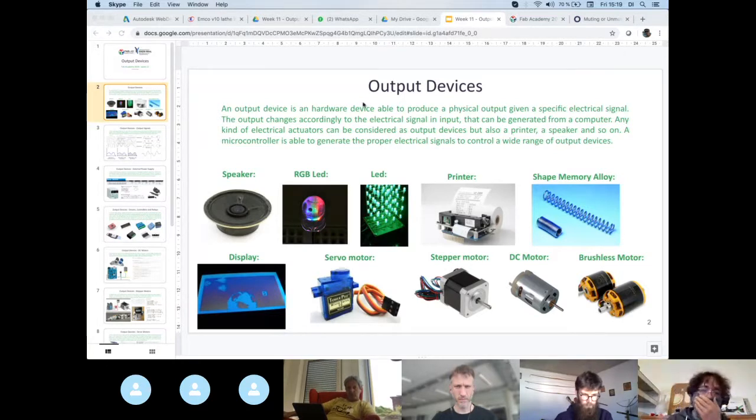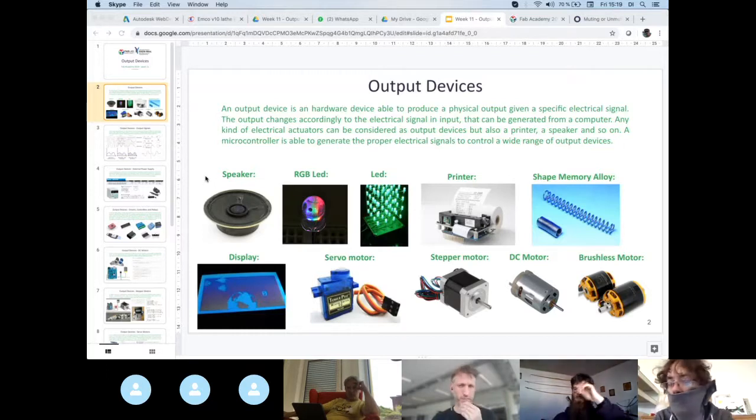So we start with a very simple output device, which is the speaker. I think almost all of you know what a speaker is. It's possible to connect a speaker directly to the microcontroller. Of course, guys, the microcontroller doesn't have a lot of computational power. So if you use simple libraries or simple signals, you can just play simple music on a speaker.